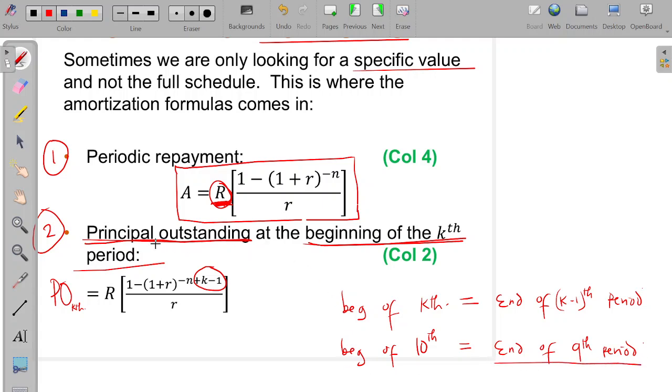So I can change this to principal outstanding at the end of the K minus 1 period.